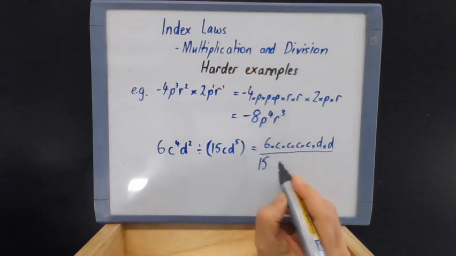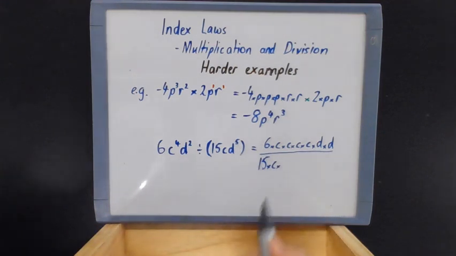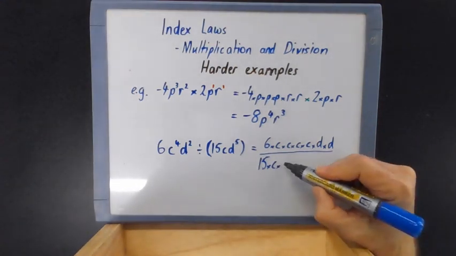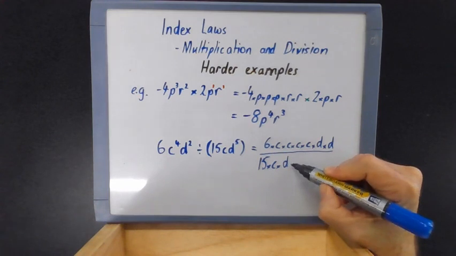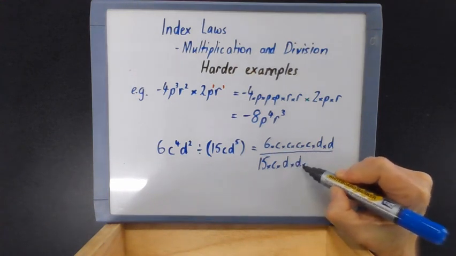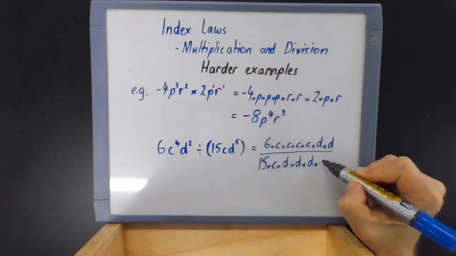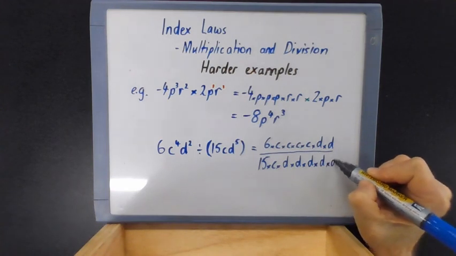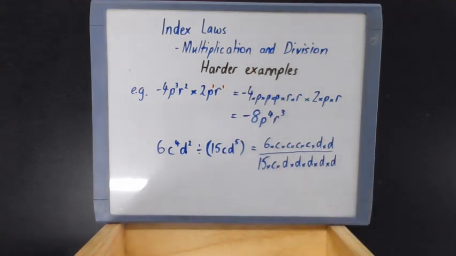So 15 times C, D to the 5. D, it's 1, 2, 3, 4, 5.